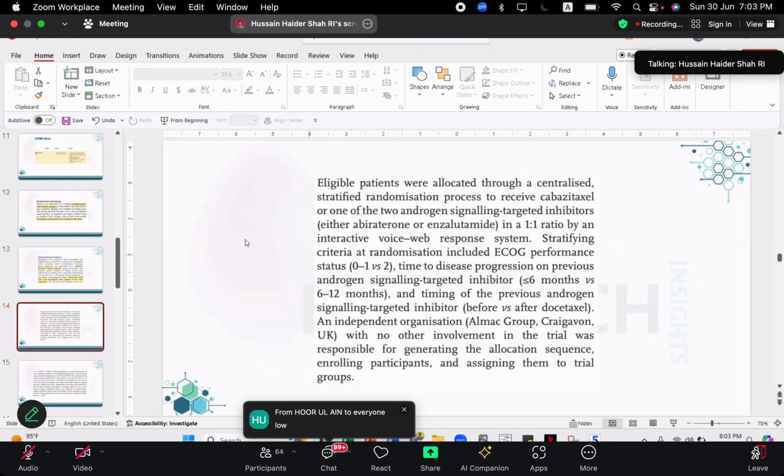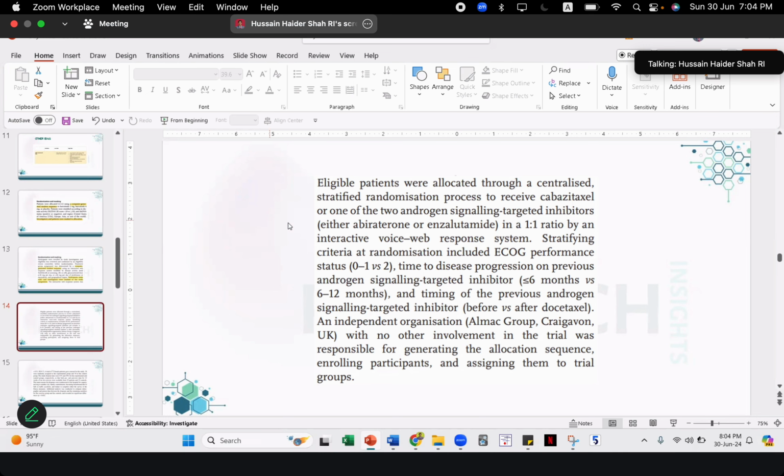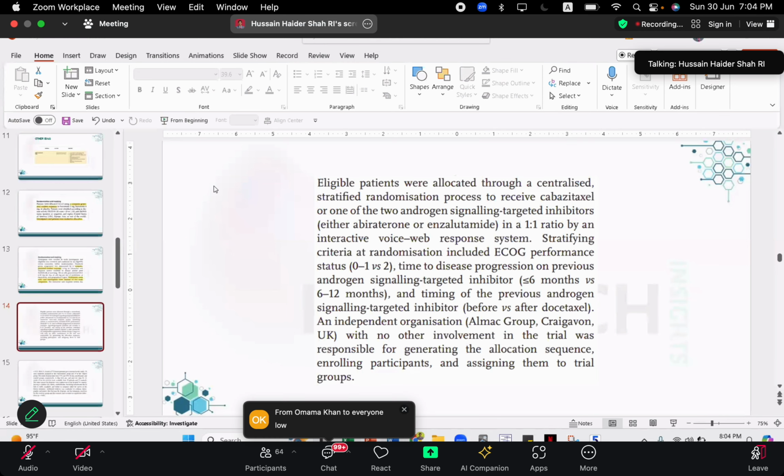Now, this question. Read it to me and tell me whether the sequence generation was low risk or high risk. Is it high risk or low risk? Sequence generation. I want you to answer low.